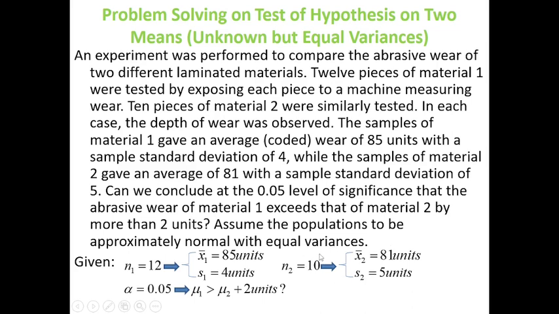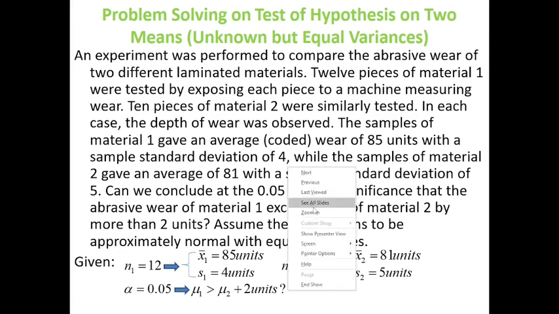So that we can use a z-test, we should have 30 or more for both materials. Since it's below 30, 12 and 10, we're going to use a t-test. We can verify that by analyzing the table I have shown before.